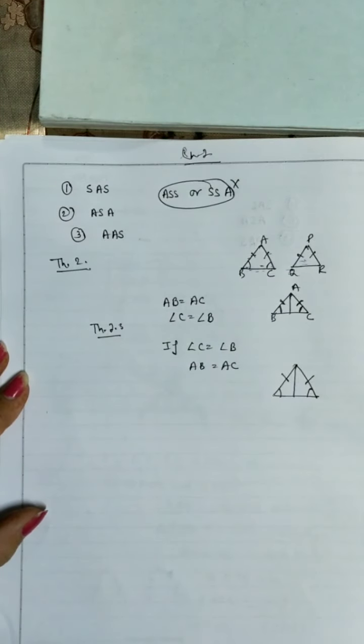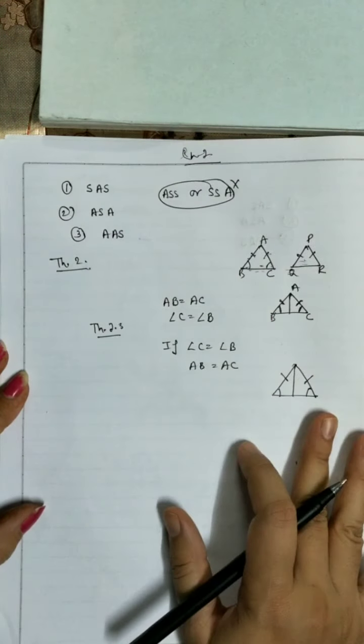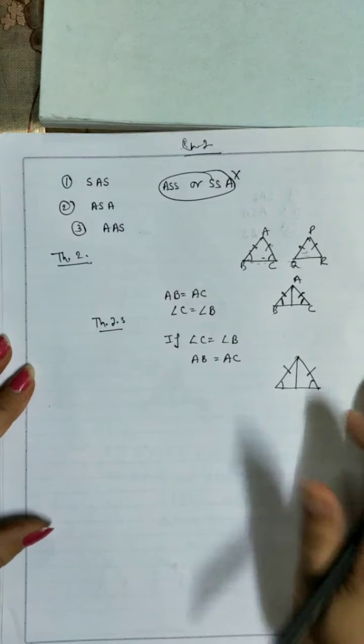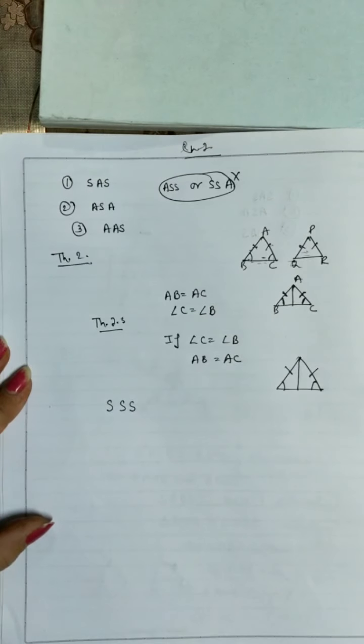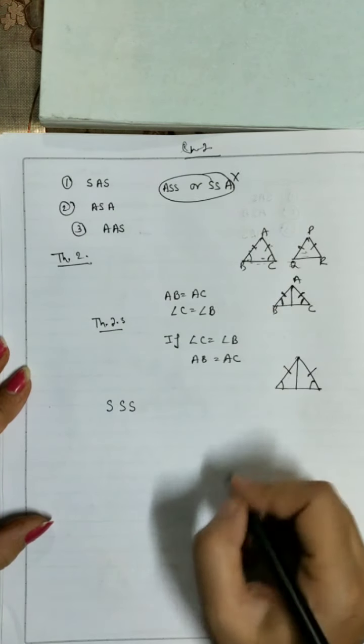Now we have our next theorem, which is for the triple S congruency rule. By what we have read right now, you can understand your exercise 7.2 easily. For the next exercise, we have the triple S congruency rule. Triple S means all three sides are equal.